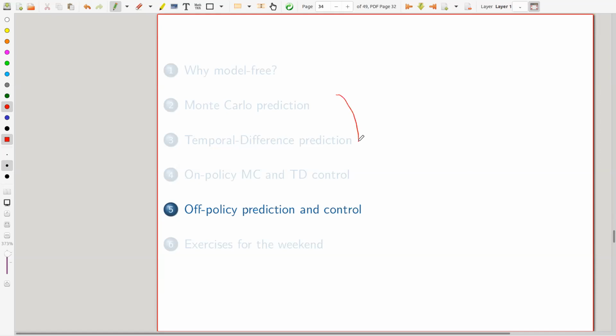We can do the prediction of a policy, and then we can do the control, meaning we alternate the prediction step and the improvement step.